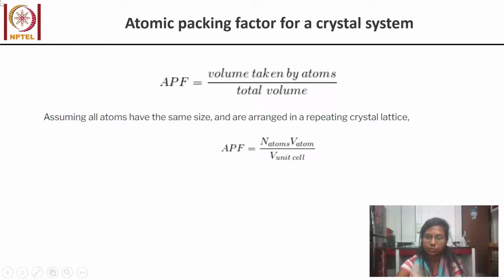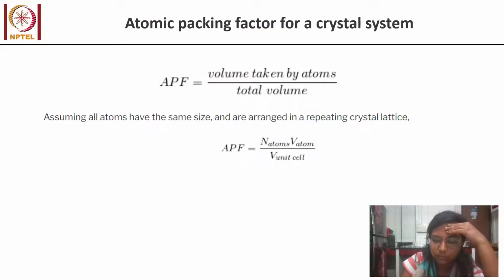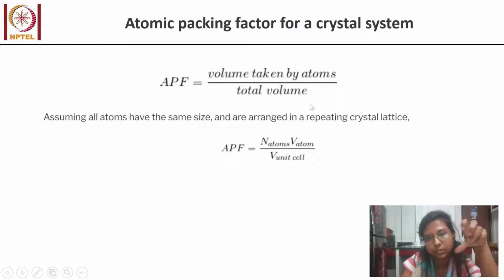So in order to find out the atomic packing factor for a crystal system, we have to take the volume which is occupied by the atoms divided by the total volume of the unit cell, which will give me my atomic packing factor for any crystal system. Then of course we have an initial assumption, that is all the atoms will have the same size and are arranged in a repeating crystal lattice.